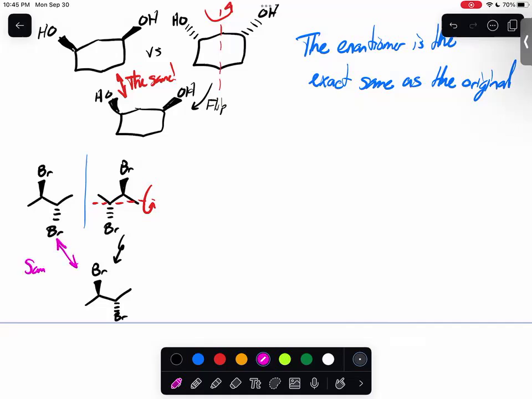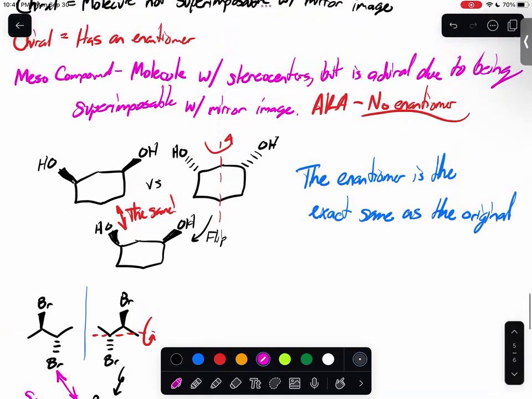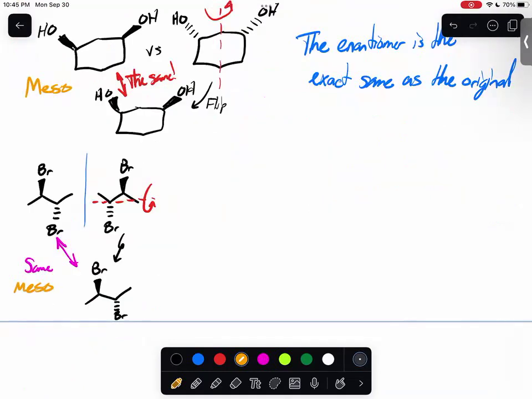You can probably tell by now that, by the way, I didn't label these beforehand, but these, of course, are meso. And this, of course, is meso. So you can probably tell that even if we tried to do the trick of swapping the stereochemistries rather than drawing the mirror image, you wouldn't have any luck, right?